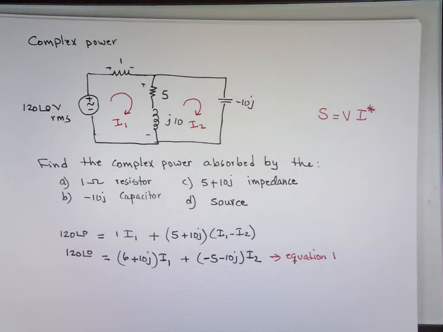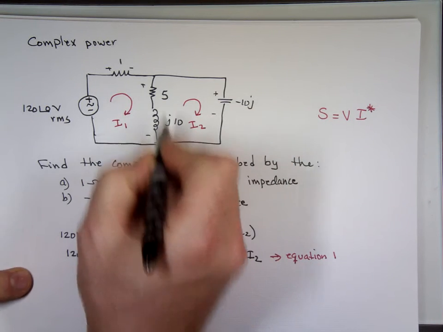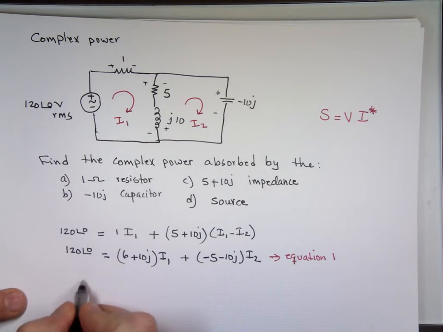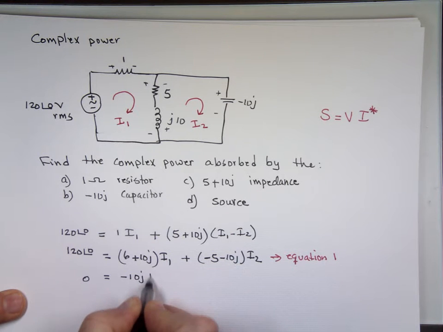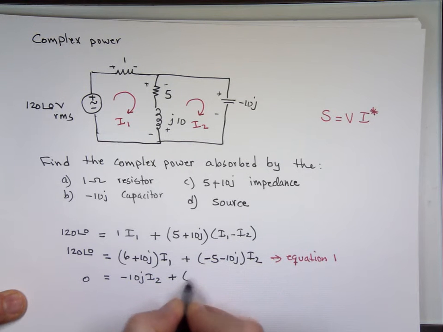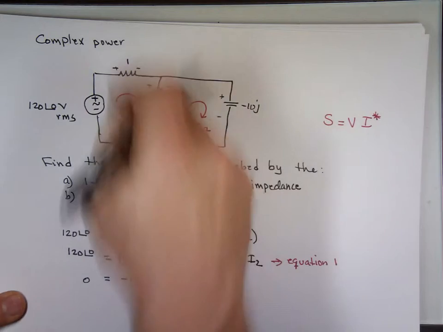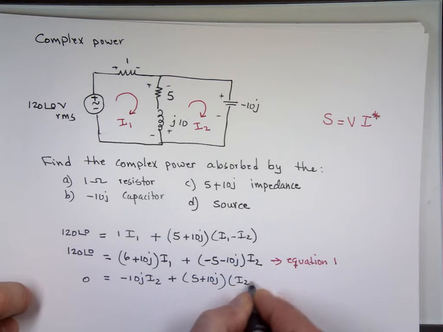Now let's see if we can get equation number 2. Start with this, plus to minus. I'm traveling this way, plus to minus. So 0 equals negative 10J times I sub 2 plus 5 plus 10J times the current going up. I'm traveling this way: I sub 2 minus I sub 1.